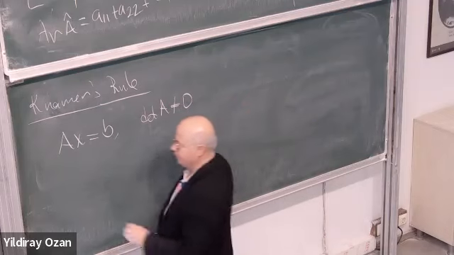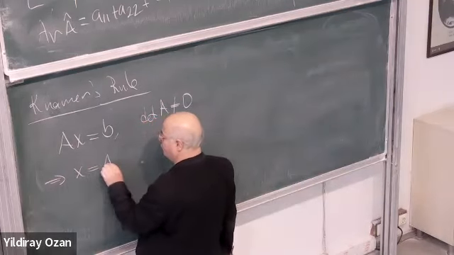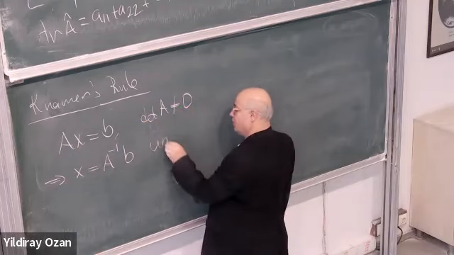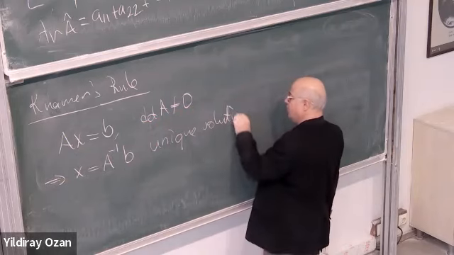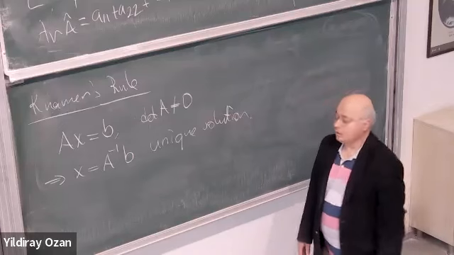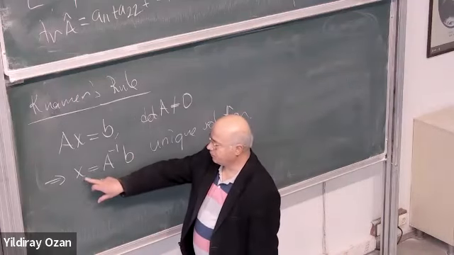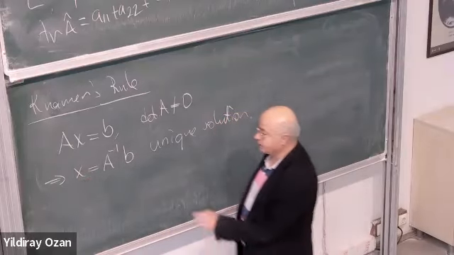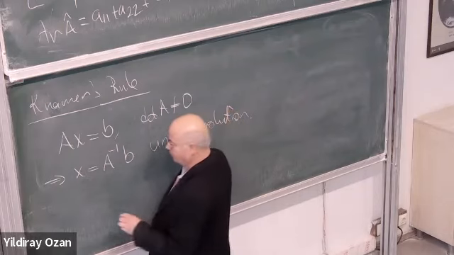Then we know that this system has a unique solution, right? Unique solution. We can write down the solution using determinants. That's called Cramer's rule. And how does it work?